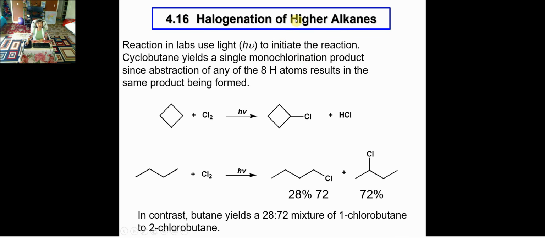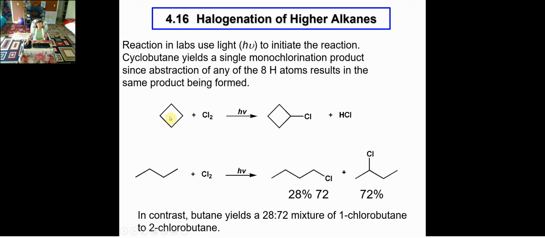If you have a higher alkane, you can also go through this halogenation. Halogenation of higher alkanes usually needs light. In our labs, we do use light to initiate the chlorination of the higher alkane.